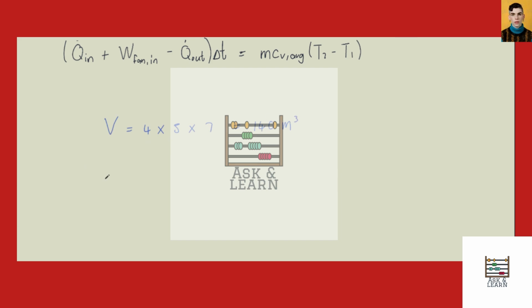So now we can find the mass of air, m, using the equation m is equal to P1 V for a constant volume over R T1. So the initial pressure is atmospheric pressure, 100 kilopascals, and the volume we calculated to be 140 cubic meters.